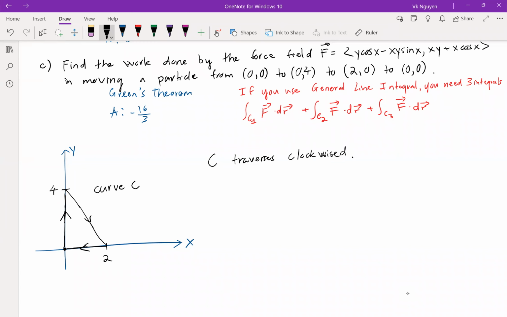Now, we cannot use Green's theorem directly. We can only use it for counterclockwise. So we have to do negative C. Negative C is traversed counterclockwise, or positive orientation.